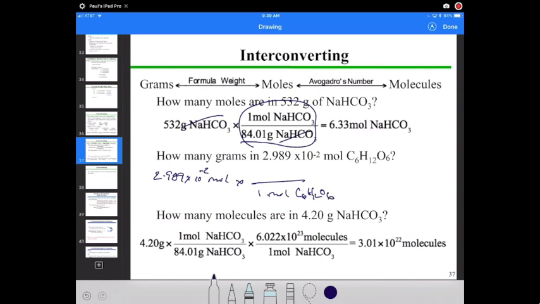All right, so 12.01 times 6 of them is 72.06 for carbon. 12 times 1.01 is 12.12 for hydrogen. And 6 times 16 is 96 for oxygen. Plus 12.12 plus 72.06 is 180.18 grams of C6H12O6.